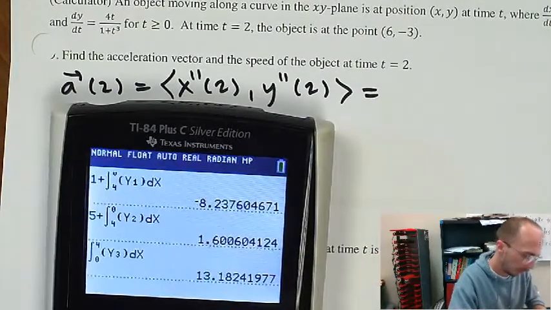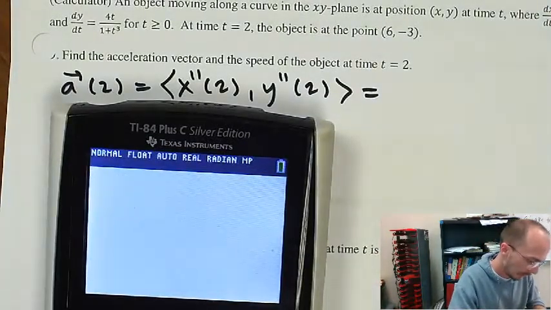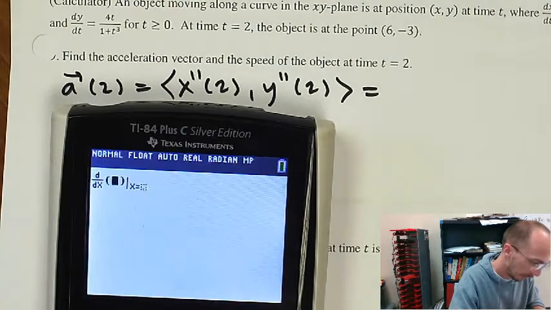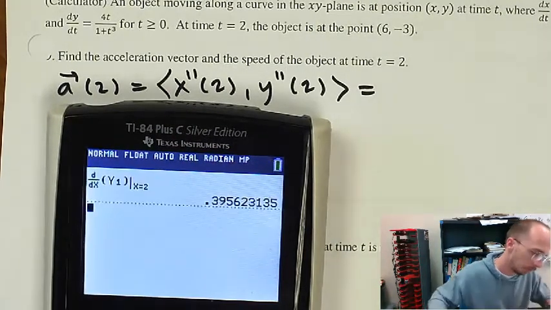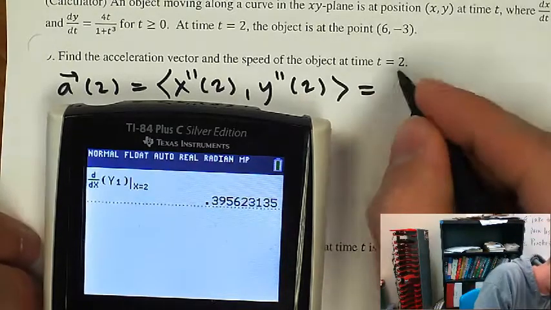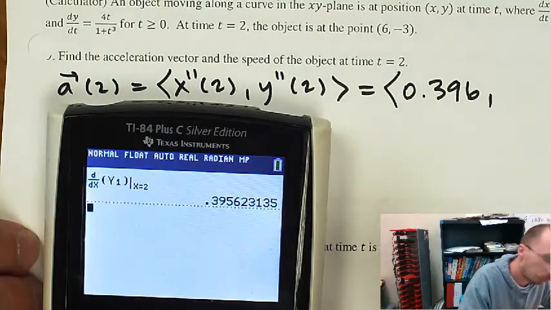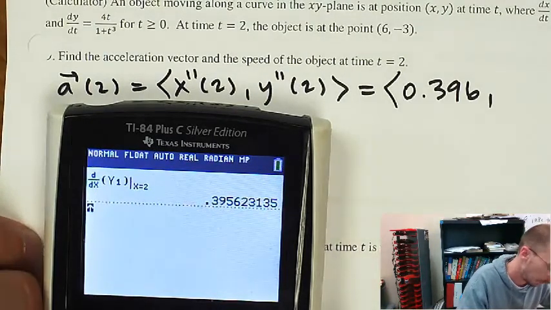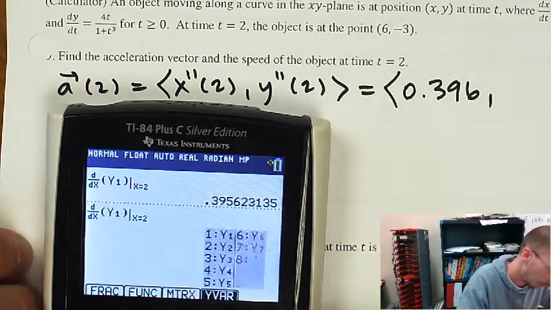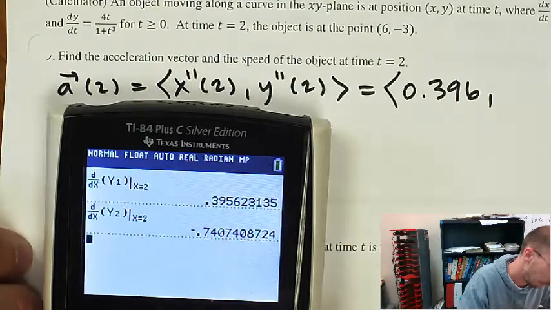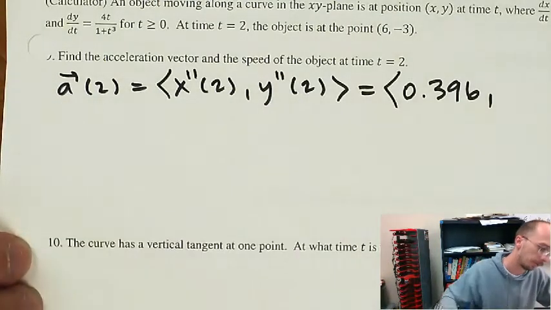So I think we already did this once, math 8 on y1 at t equals 2, 396. Same thing, just with y2, negative 0.741.